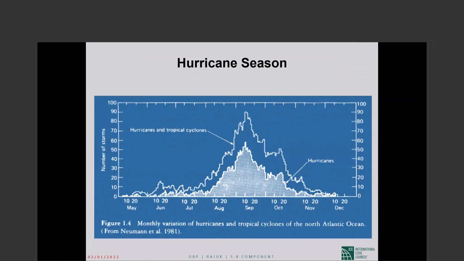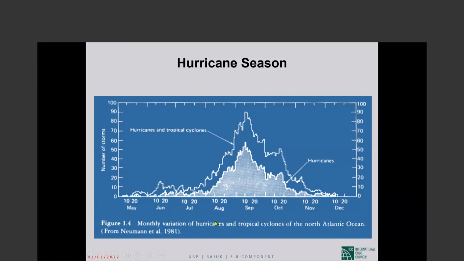Bangladesh definitely is among the places where cyclones are common. We also have a hurricane season. They typically do not happen around the year, at least in this part of the world. That seems to be changing with climate change and everything, but typically the hurricane season has been from July to October, November, as you see on this figure.